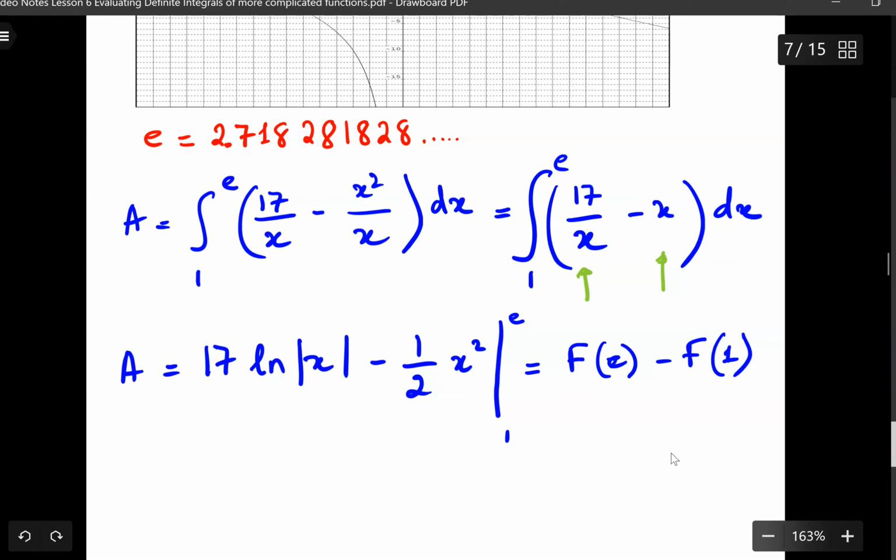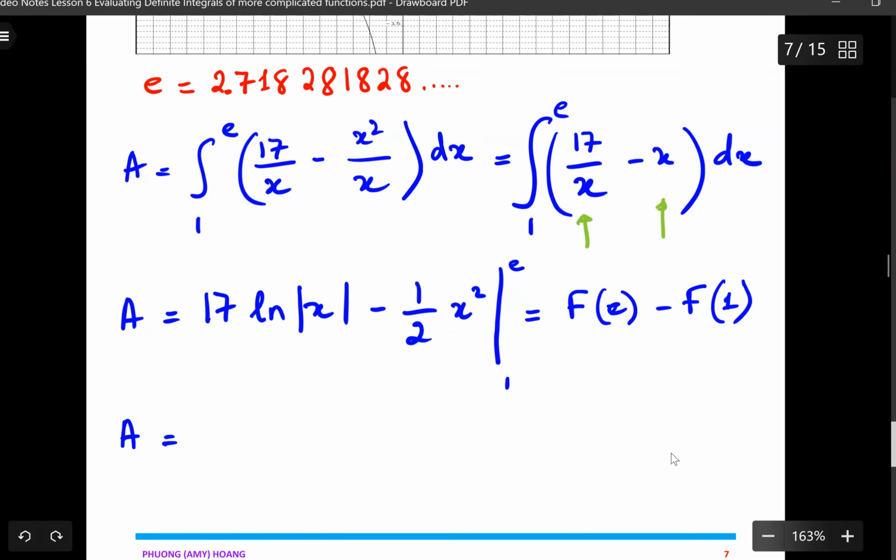So now we write A equal to, first of all, this whole thing will be replaced by e. So 17 ln of e. Since e, 2.71, is already a positive value, I don't have to put it in the absolute value anymore. Then I will have minus e squared over 2. So this will be my F of e.